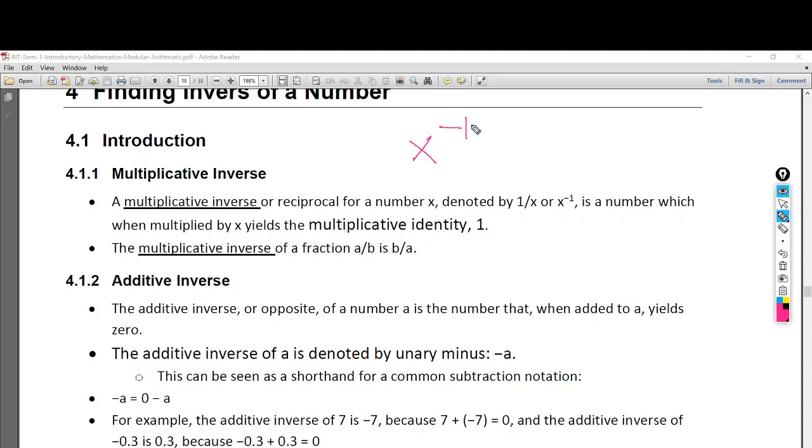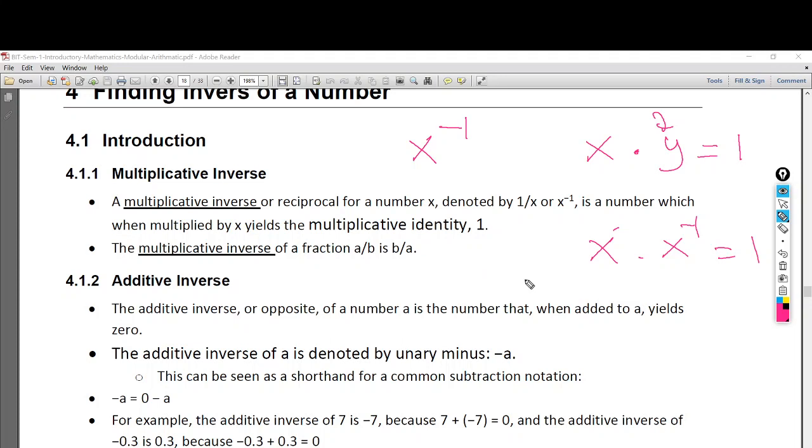The inverse of a number is the number that, when you multiply it by that number, you get 1. If you have found x inverse, when you multiply x by the inverse, you must get 1. That is how you double check whether you have actually found the inverse.